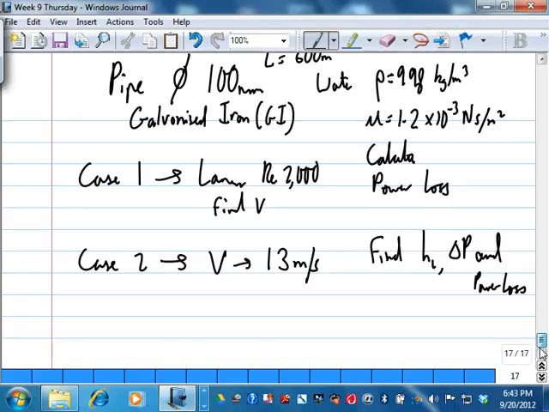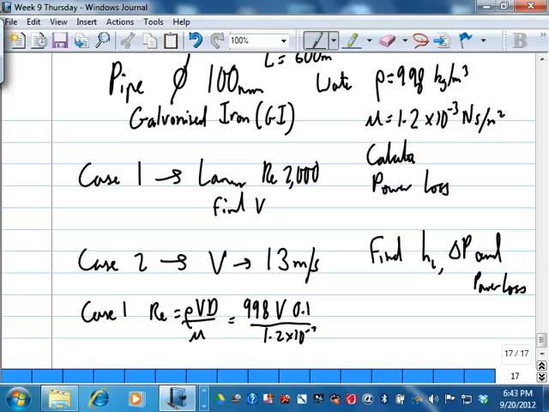Alright. Find V. What is V? So case 1, Re is equal to rho V D over mu. It's equal to rho 998 times V times diameter 0.1 over mu 1.2 times 10 to the minus 3. Equals Reynolds number 2000.